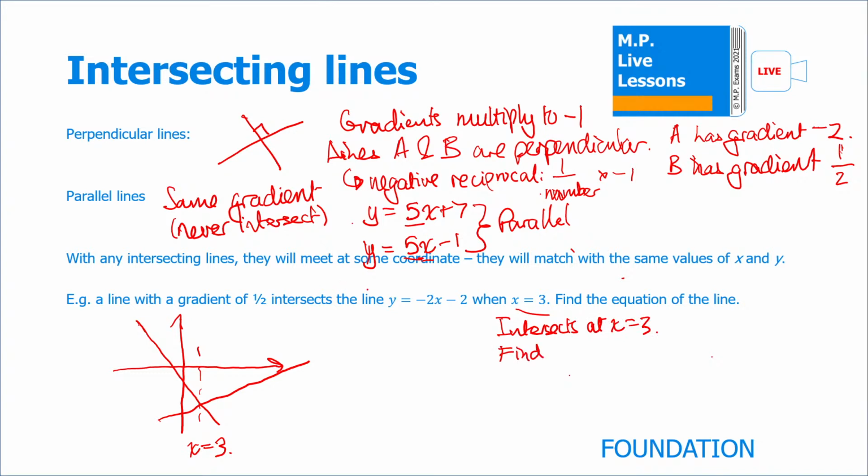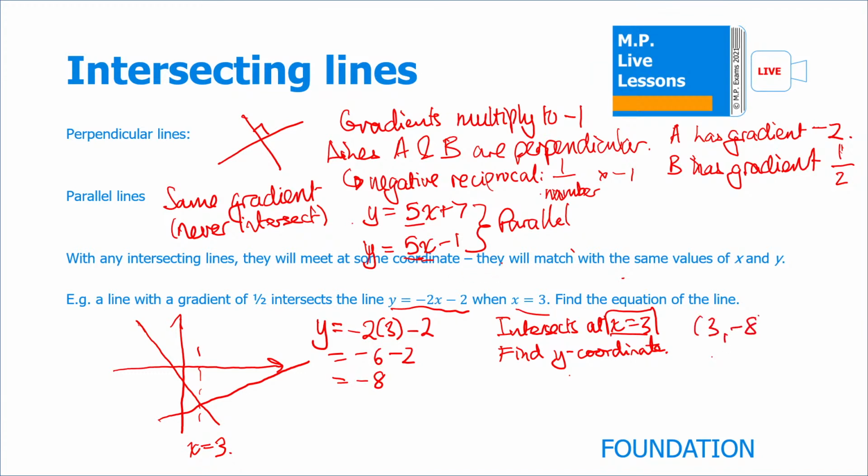Therefore, we need to find the y coordinate. We can use this here to find the y coordinate. We basically substitute x is 3 in. And we get the coordinate 3, negative 8.